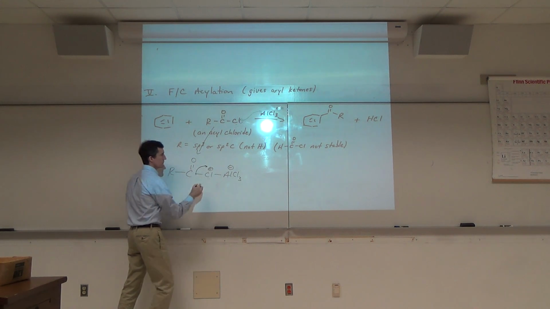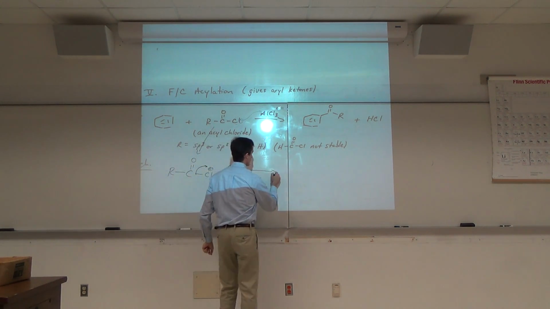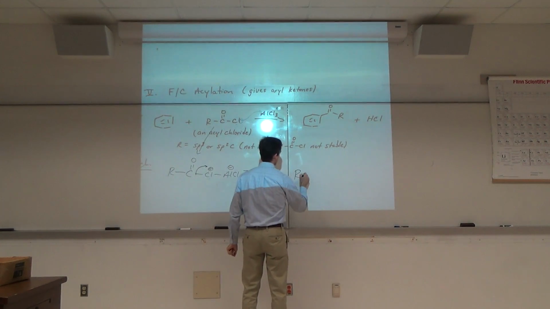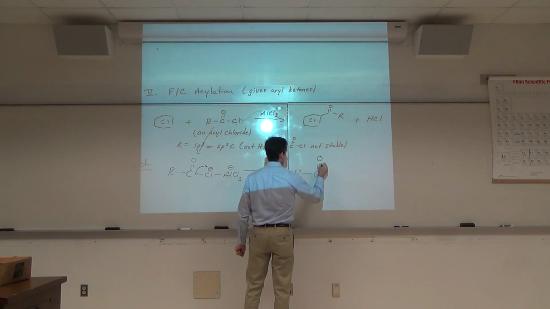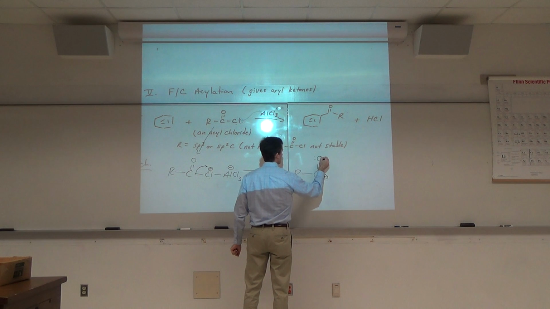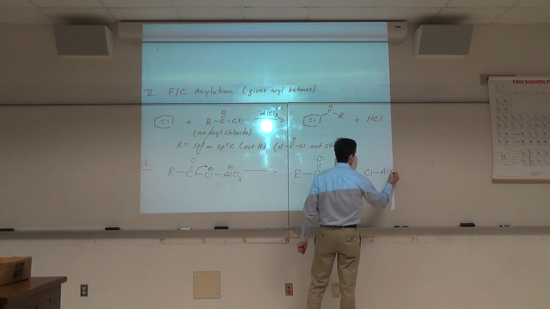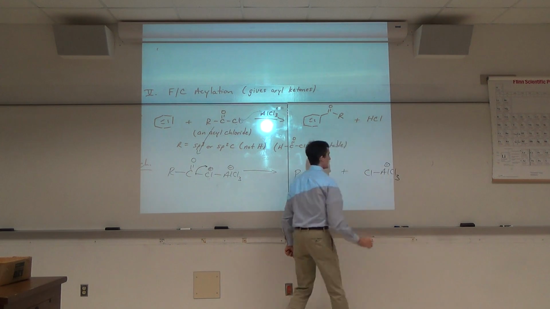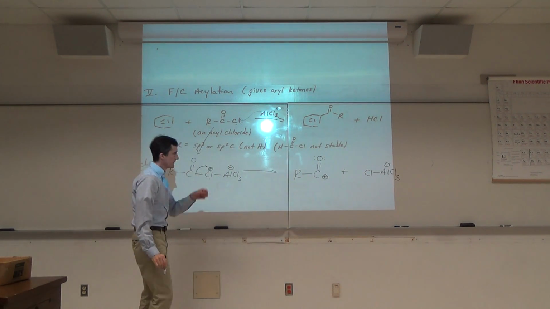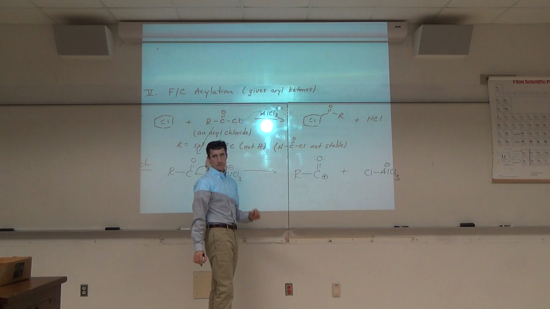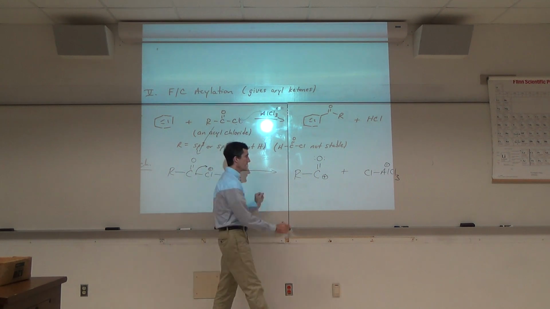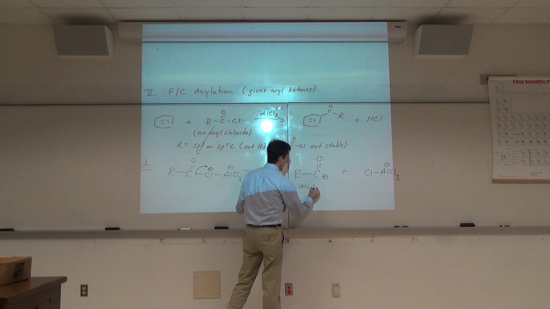If this leaves, what do we get? Looks a little odd, but you get that plus that. What do you call this? Yes, this is an acylium ion.